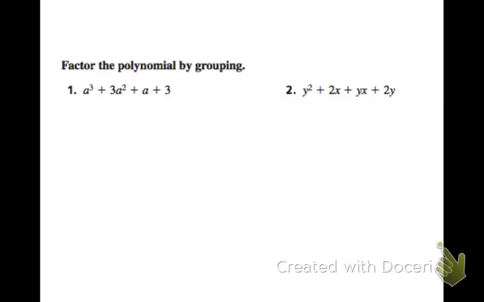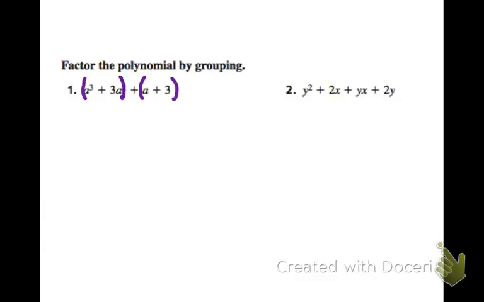So for the very first one, we're going to factor by grouping. So we're going to look for some common terms. There's 4 terms. The first 2 terms, a cubed plus 3a squared, we could probably factor out the a squared. So we'll group these 2 together, and then we'll group these 2 together.